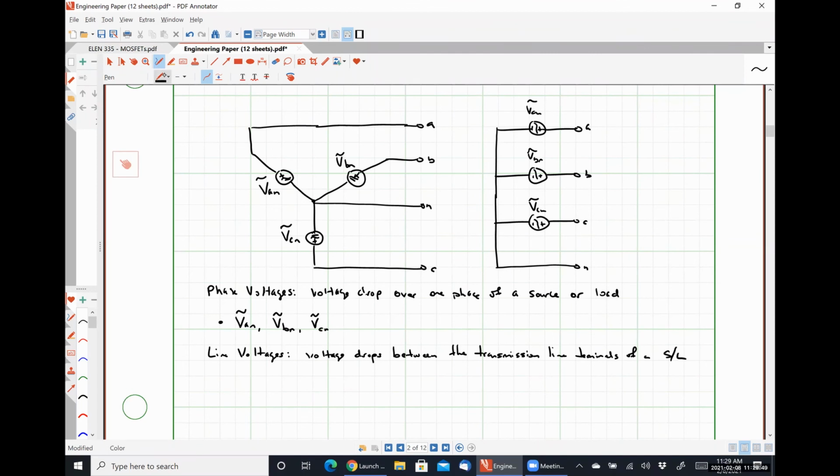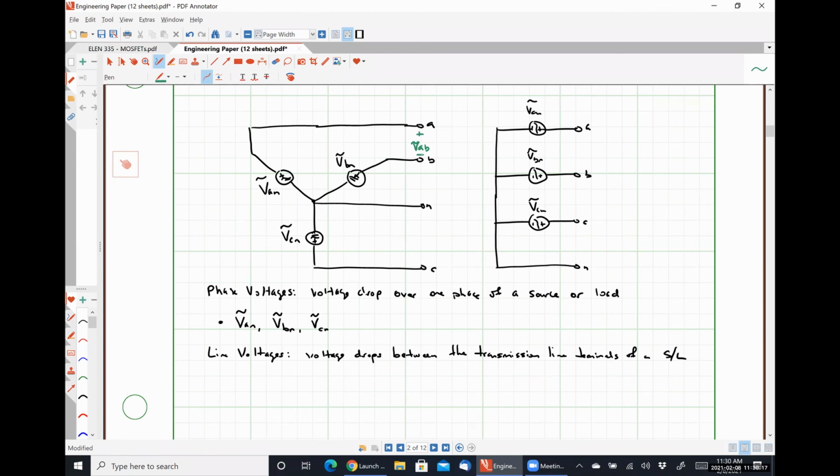So I'm going to do these guys in a different color. So this voltage that I've drawn in green here, VAB, would be representative of a line voltage because it is measured between the transmission line terminals of the source.